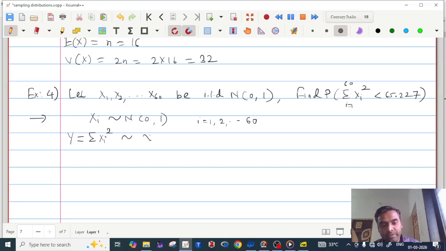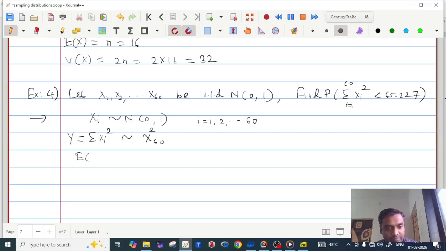This follows chi-square with 60 degrees of freedom. By making standardization, you can solve this.